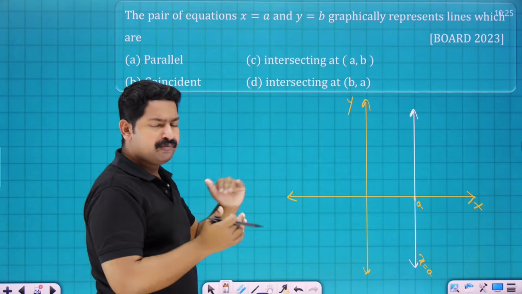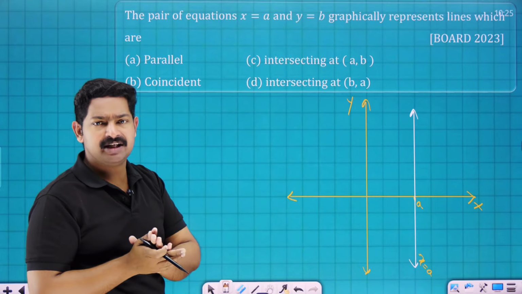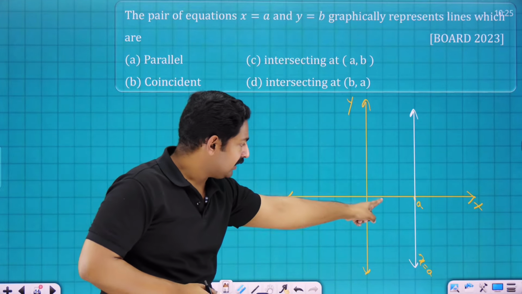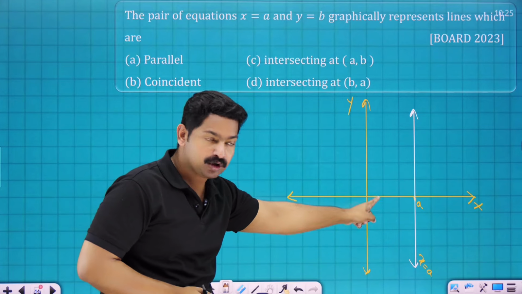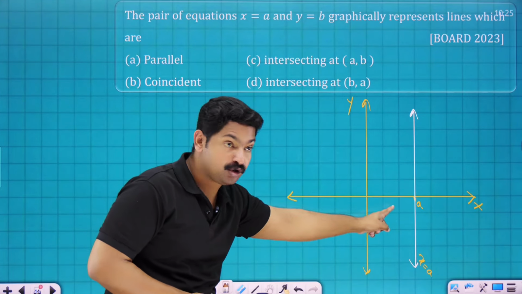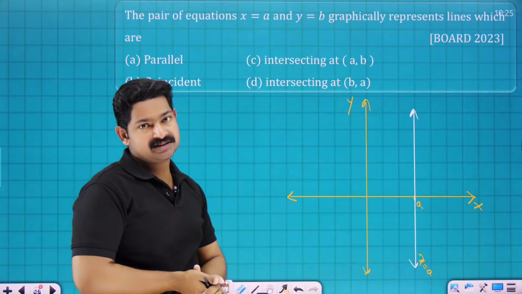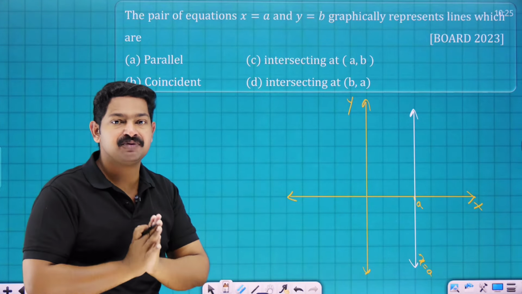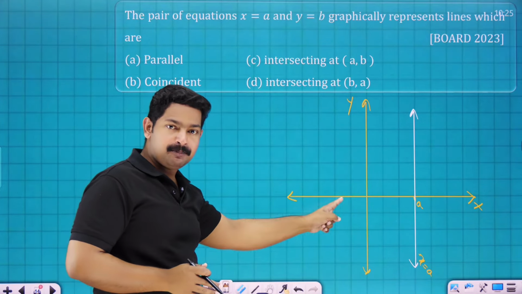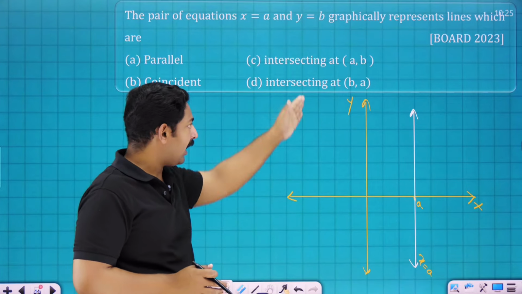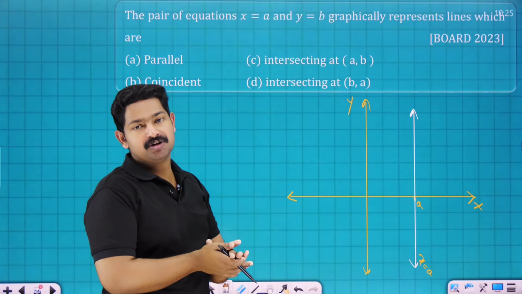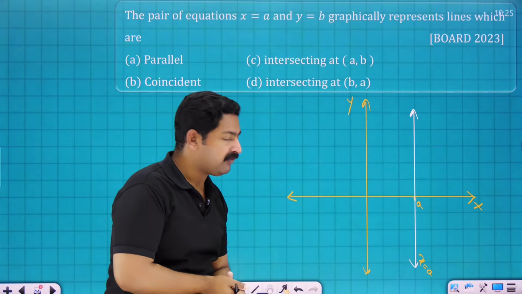So for example if x is equal to 1 is the equation, then in x-axis the point 1 comma 0, through that point the line passing parallel to y-axis. If it is x is equal to minus 5, then on minus 5, the point minus 5 on x-axis, through that point parallel to y-axis, that will be the line. So this is the graph of x equal to a.